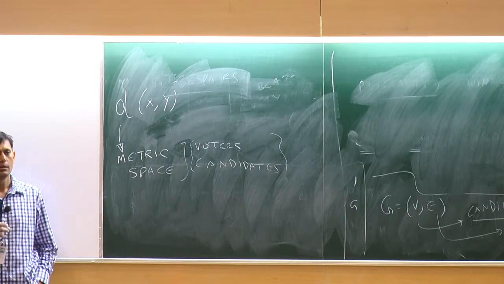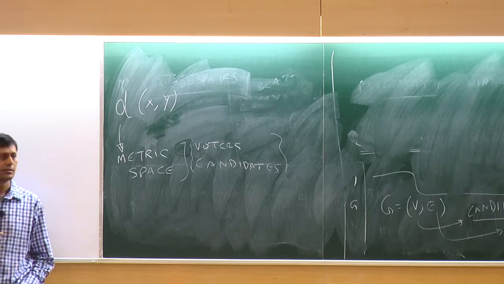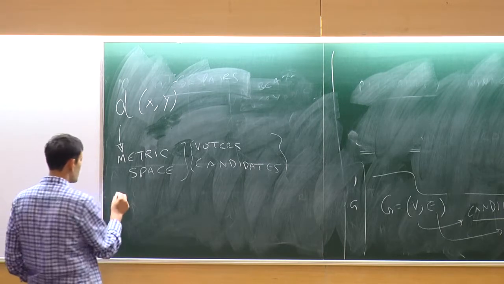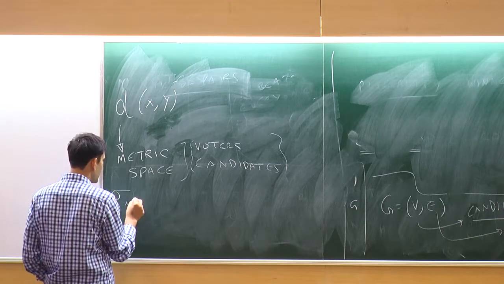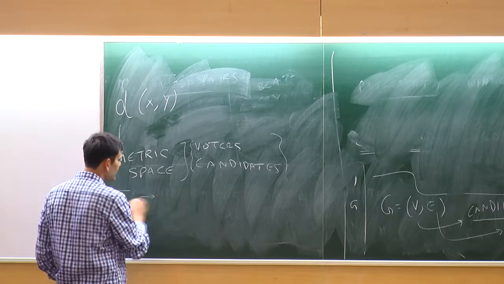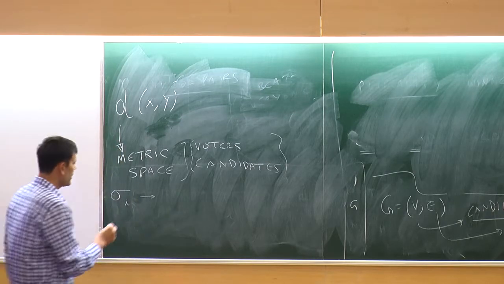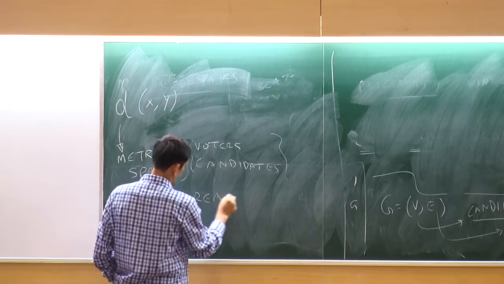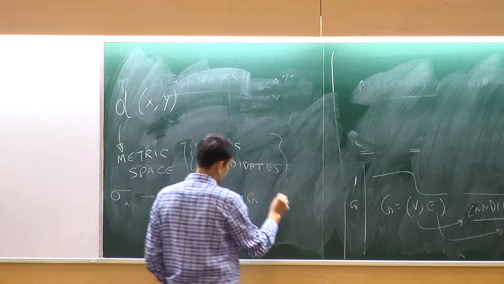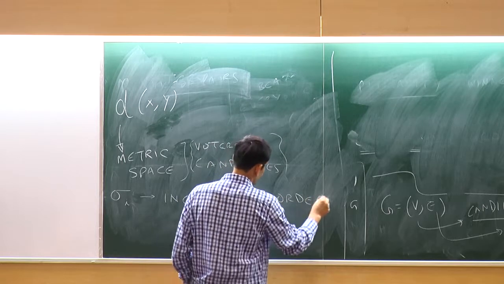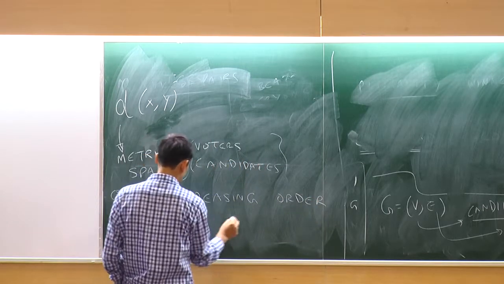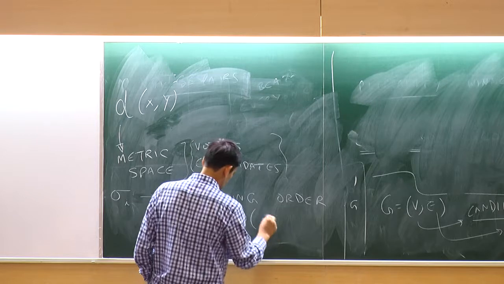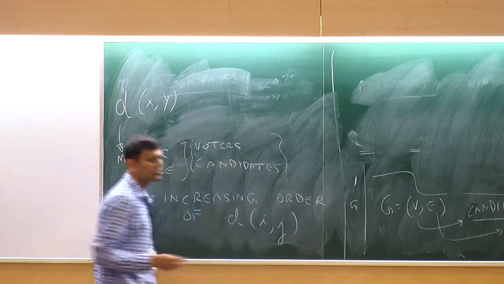Does it make sense? And I'm going to assume that the ranking sigma_i of voter i is in increasing order of D_ij.